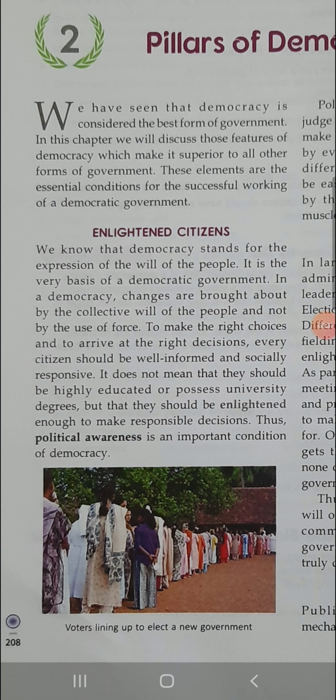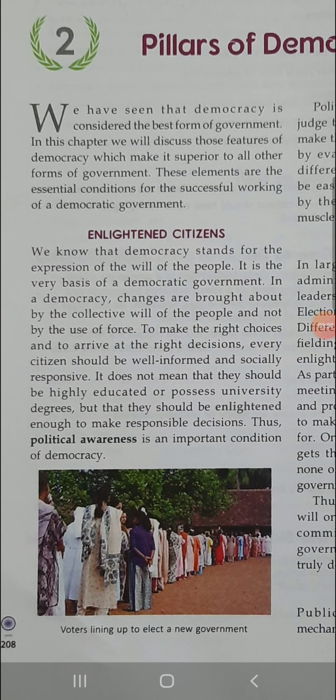So, in order to make the right choice and the right decision, we, the common people, have to be informed about what is going on socially, educationally, and in the government. Enlightened doesn't mean that one should be educated or have a proper degree of education.